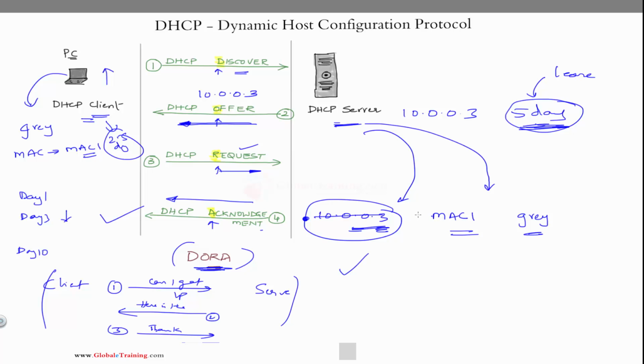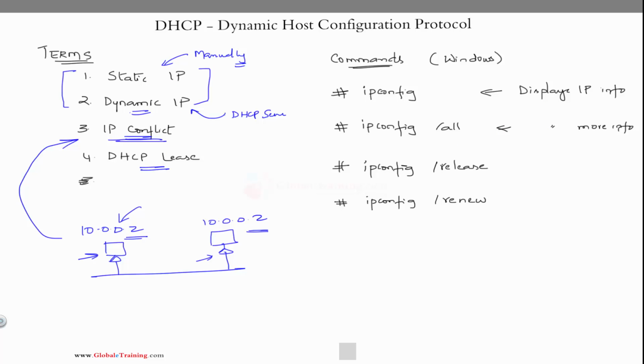It will remove this entry and make this address available so somebody else can use it. So on day 10, when this system comes online, if .3 is available, it will most likely get that IP. If not, if the next available IP address is 21, then that's what this system will receive. So that's the lease. Okay, so that's DHCP lease.